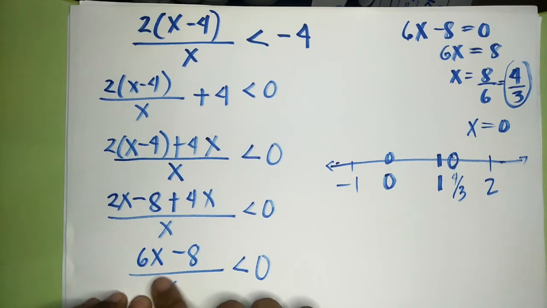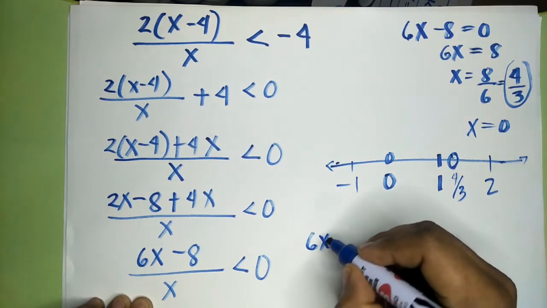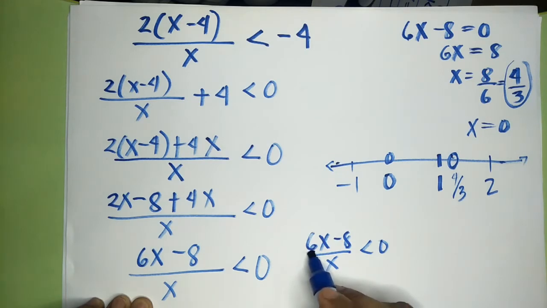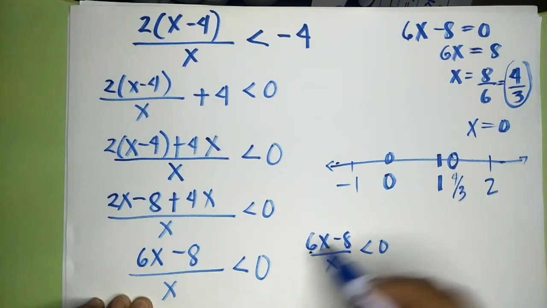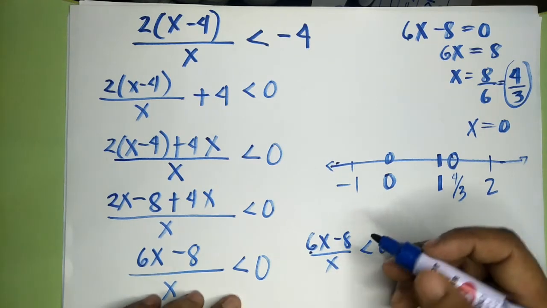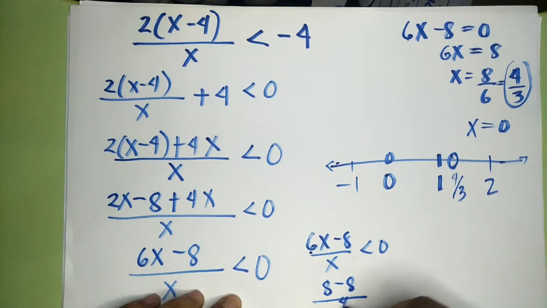So, 6x minus 8 over x is less than 0. So, 6 times 4/3. So, that is 6 times 4 is 24. Divide 3, that is 8. Minus 8 over 4/3 less than 0.